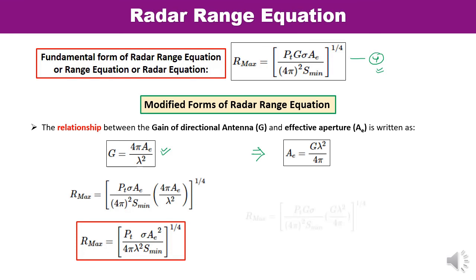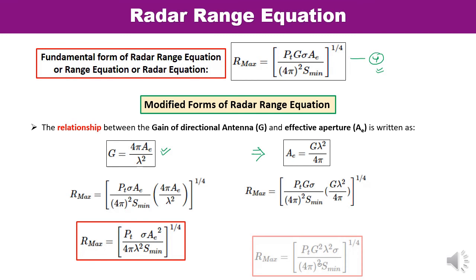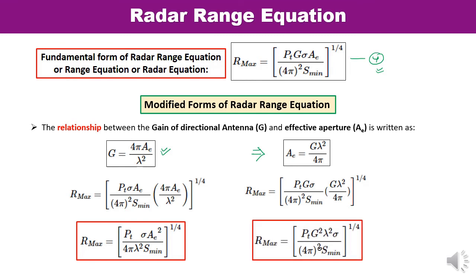So when you substitute this value, you get PTG sigma upon 4 pi square S minimum, and in place of AE you have G lambda square upon 4 pi. Just simplify it. R max will be PT G square sigma lambda square upon 4 pi its cube into S minimum, and its power is 1 by 4. So these are the two modified forms of the radar range equation, which are also known as form 2 and form 3.